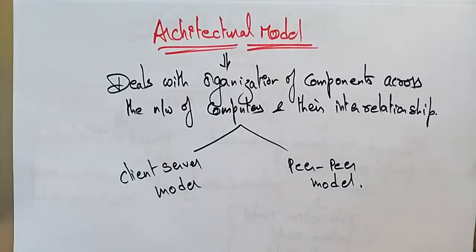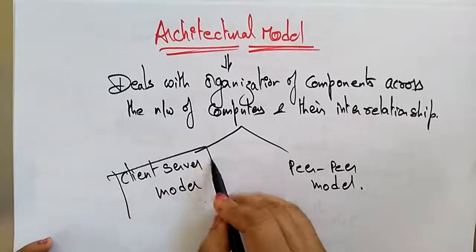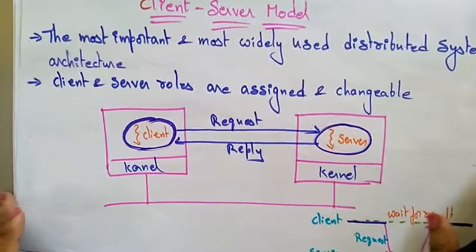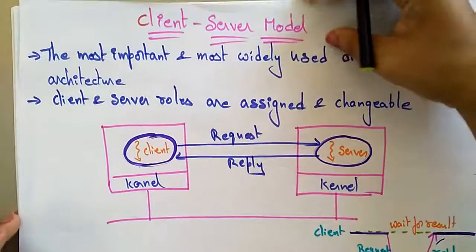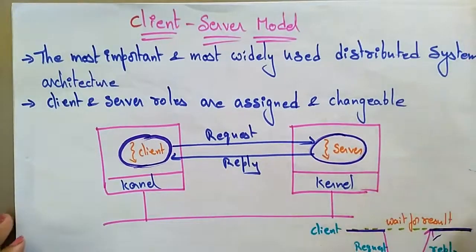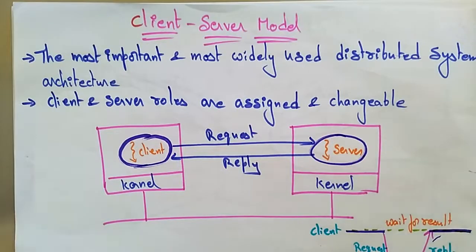Now let's see what this client server model is. The client server model is the most important and most widely used distributed system architecture. Whatever computing structure or system environment you take nowadays is based on the client server model.